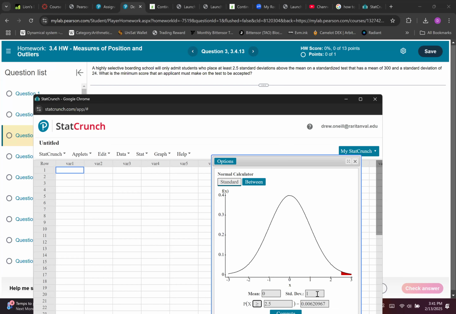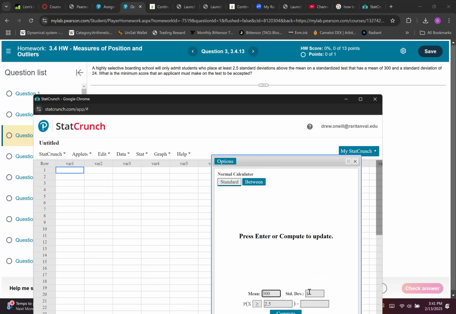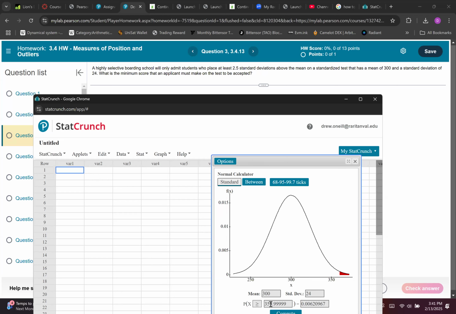If we left the mean as 0 and 1, we want to copy this area. Can't see it because this thing's blocking. There we go. Control C. And then we want to enter our mean and our standard deviation, and then paste this. And then we compute the score that they would need. So they would need to score 359.999, so a 360.